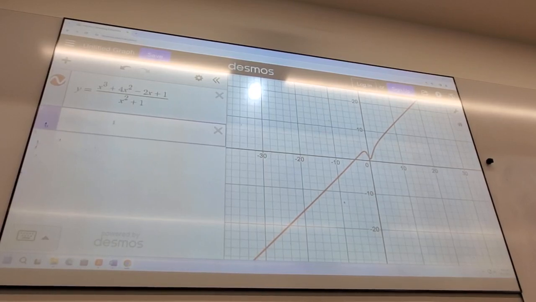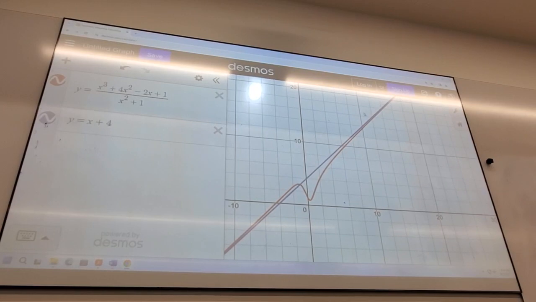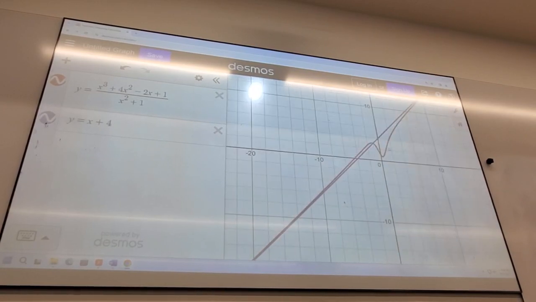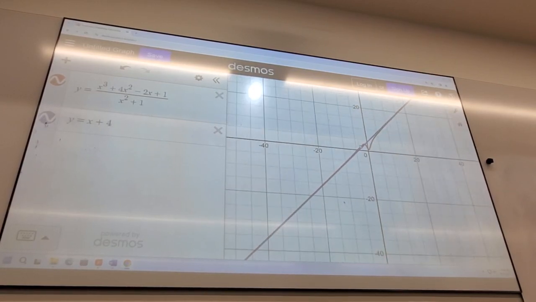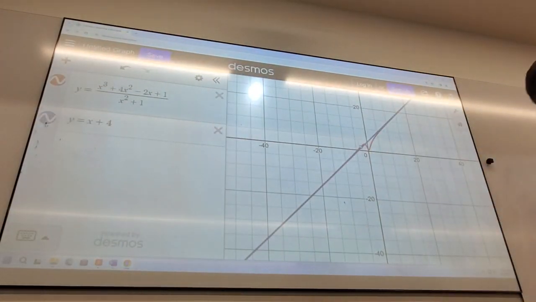If I put in here x plus 4, there you go. When x is small, does it look like it's approaching the blue line? No, but as x gets big, is it approaching the blue line? Yes. So the funny thing is, when there is no real ceiling, it's going to go to infinity, but it's going to go to infinity in a very prescribed way. Are you guys at all with me?